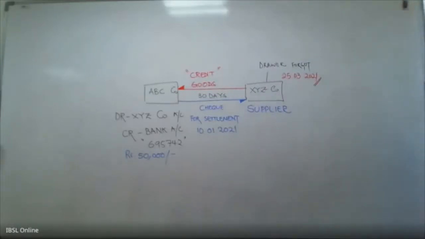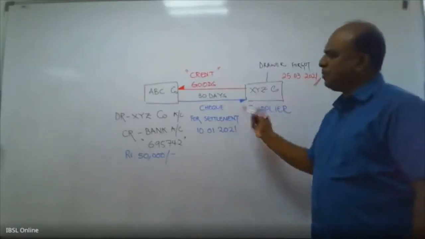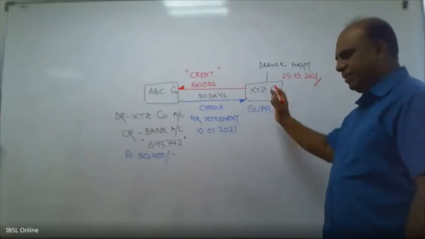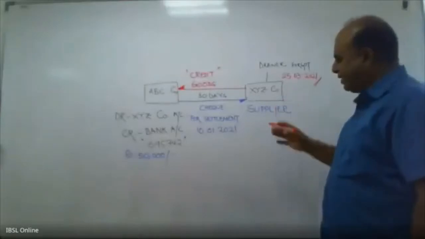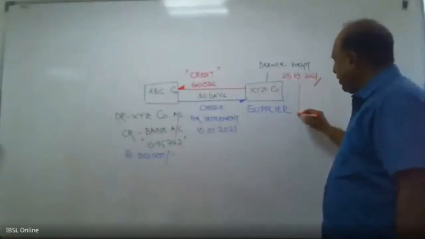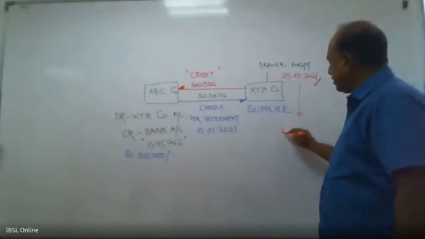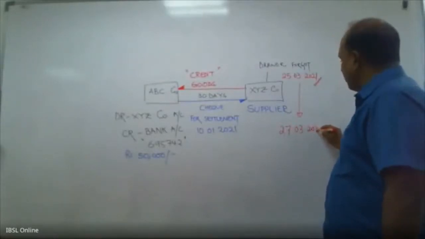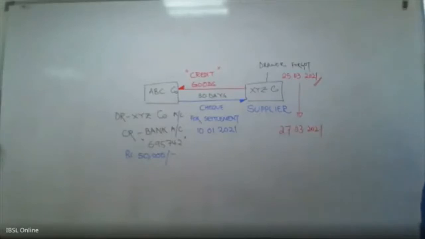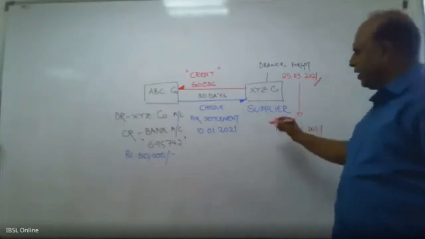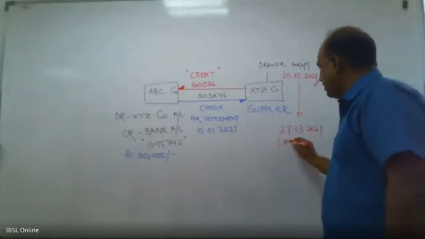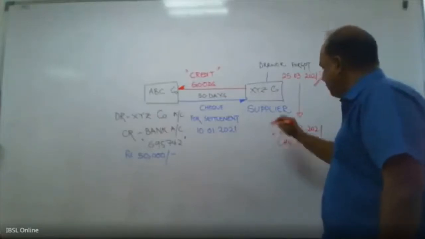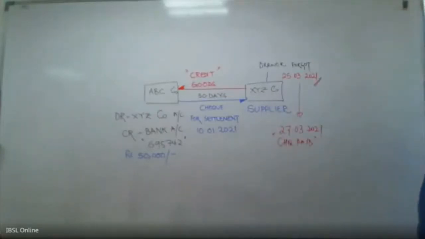If both the companies have their bank accounts in the same bank, you can understand. But still, the latest it could happen is 27th March 2021. Then only the check will be paid the latest.